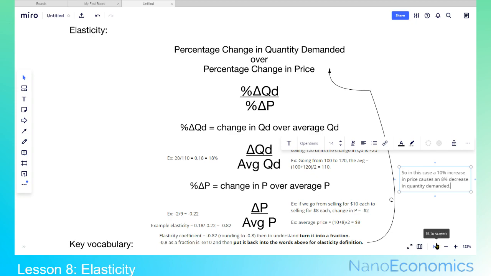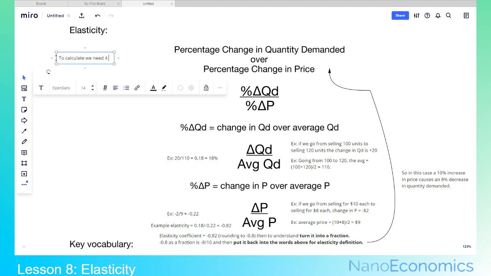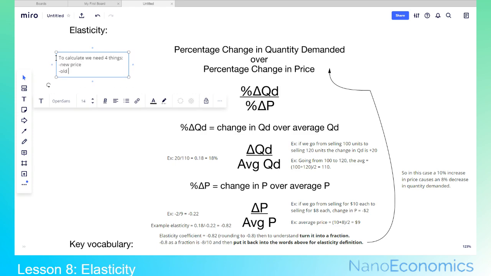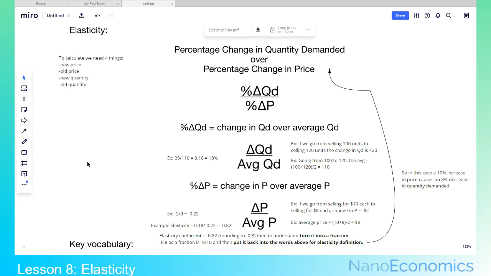And that's based on the elasticity coefficient and critically 4 things. So to calculate this, if there's no change in price and quantity, we can't really calculate the price elasticity of demand for the good.